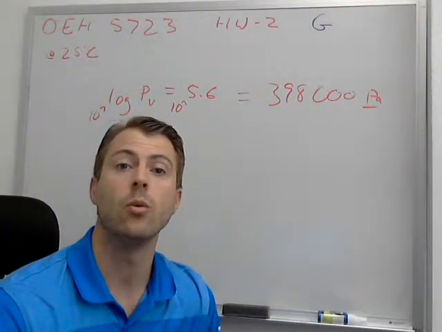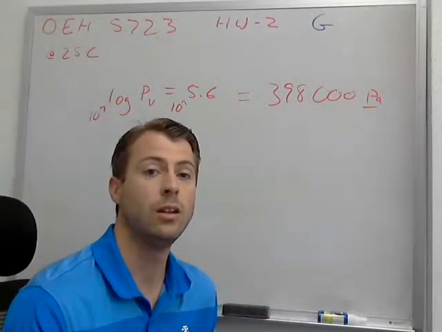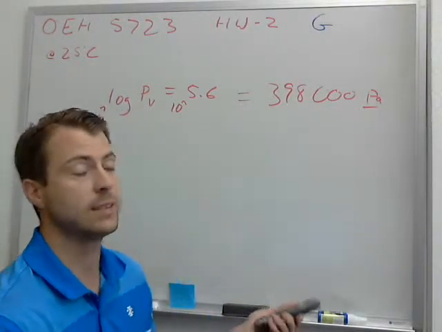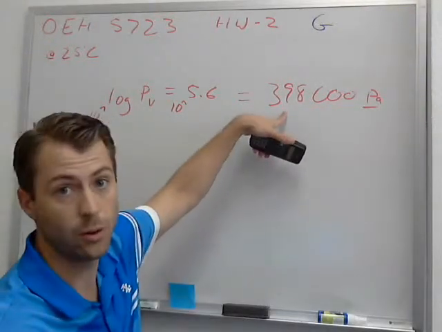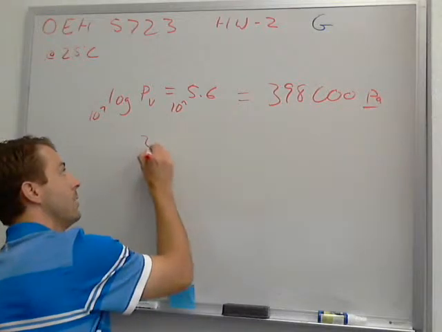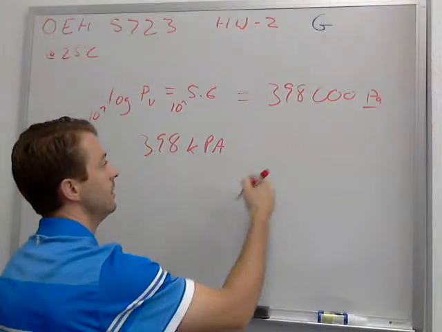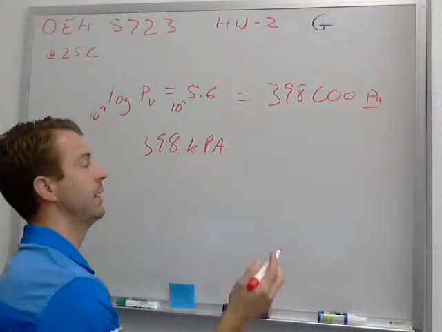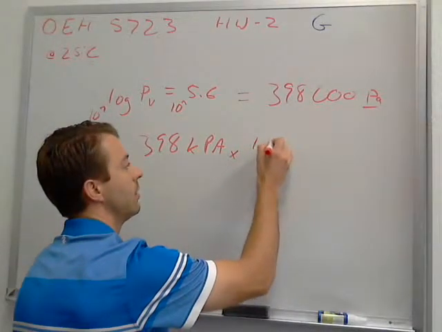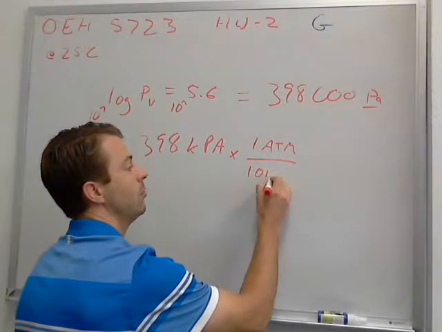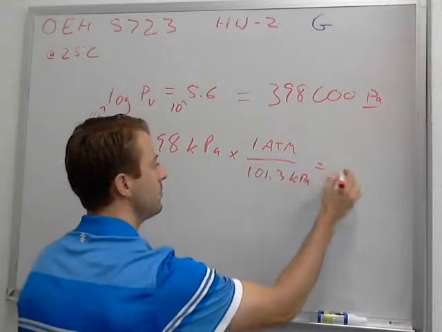101.3 kilopascals, or 101,300 pascals. So if I wanted to ask you how many atmospheres this is, it's roughly 4, right? But if we want to know exactly, 398 kPa, I'll do the math: divide by 1,000 to make it kilo, multiply by 1 atmosphere per 101.3 kPa, and that gives us atmospheres.